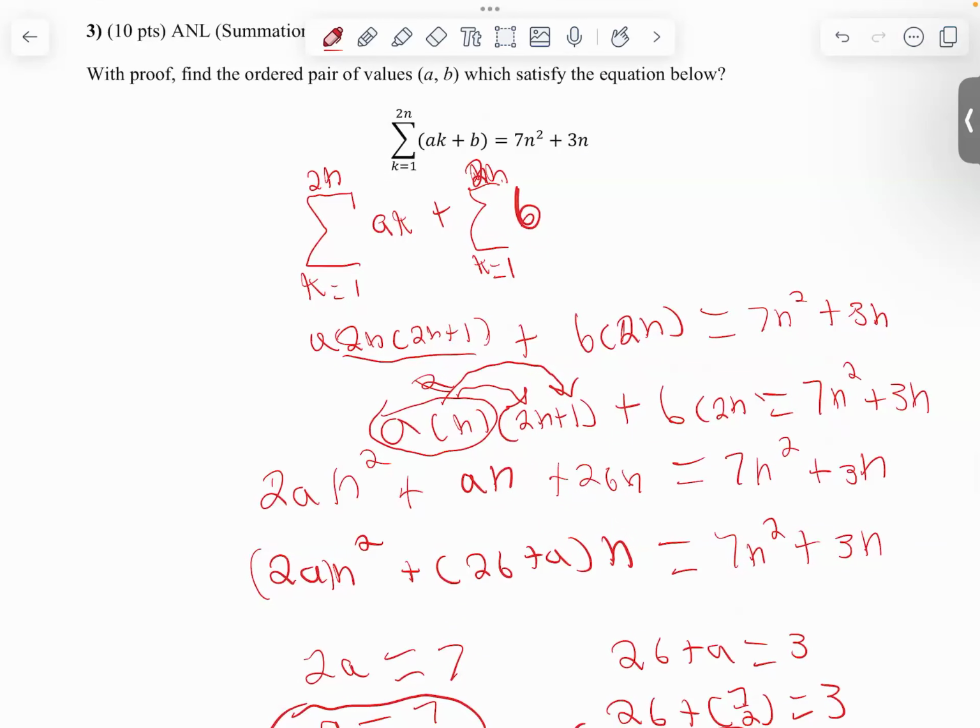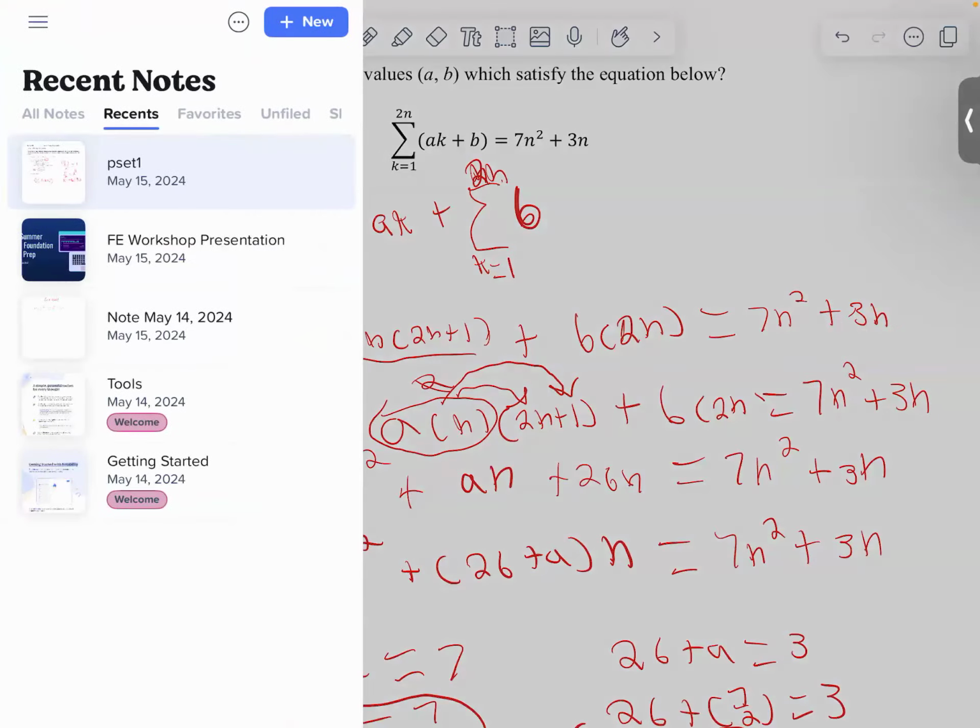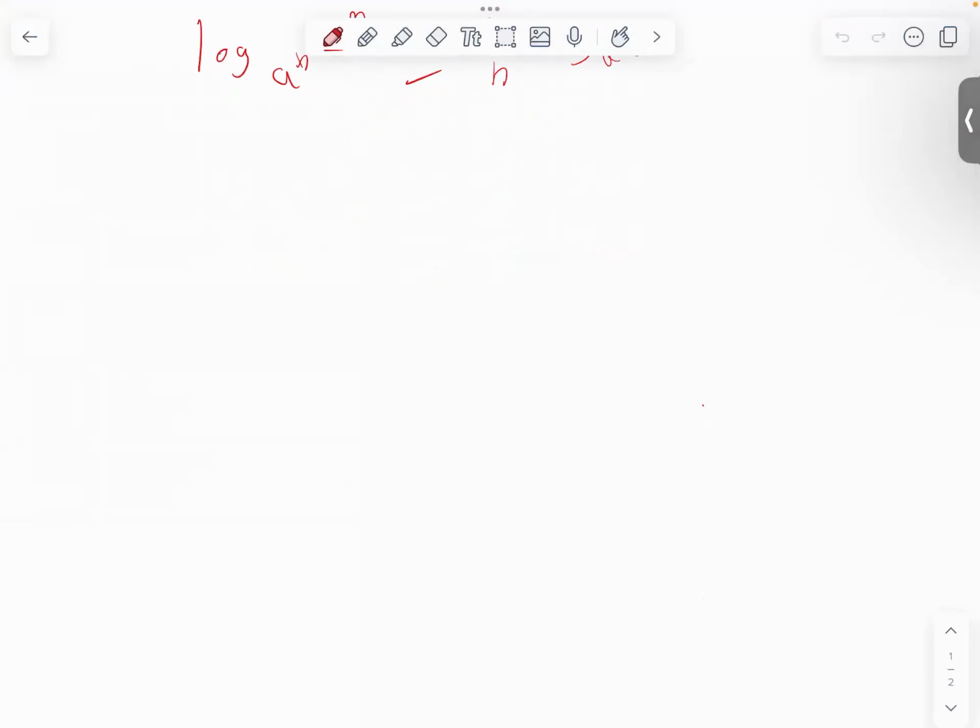Okay, so for this one, we move the b to the side of the summation. So our summation was, I believe, 2 to the n, with k is equal to 1, and then it's just b inside it, right?